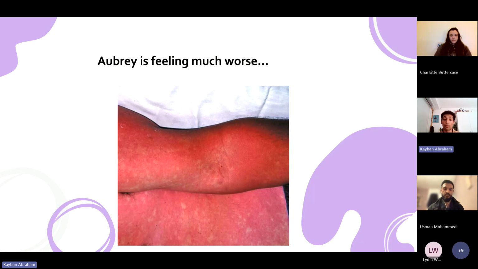He's feeling a lot worse, and the A&E doctor has a look at him and sees this on his body. This is a rash, and I don't know if you guys have done them. Hopefully you have, because why don't you have a go at describing what you see within this rash?